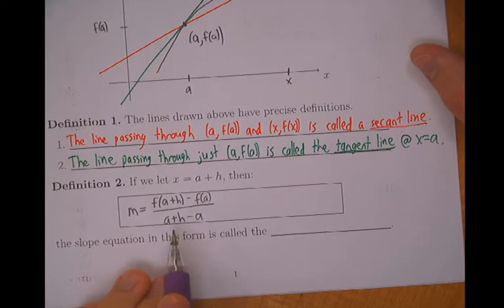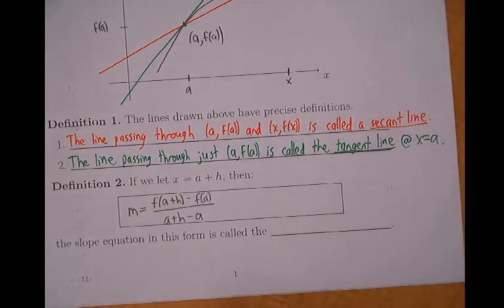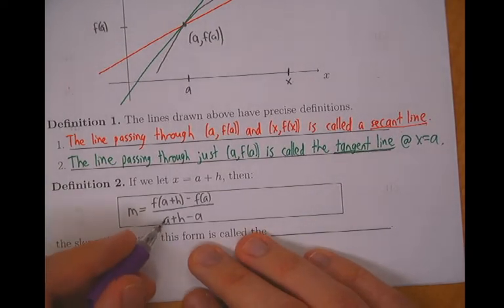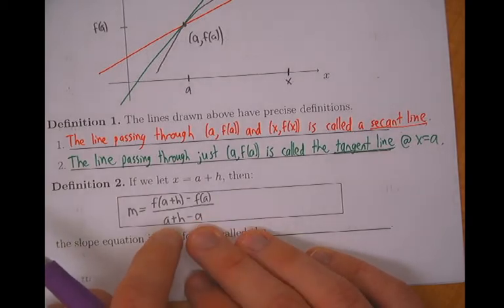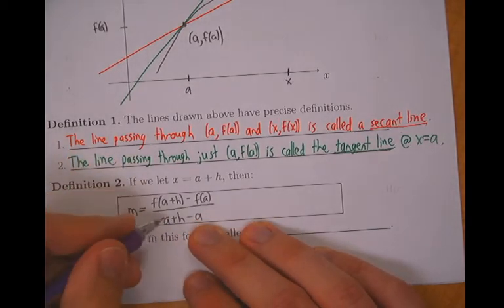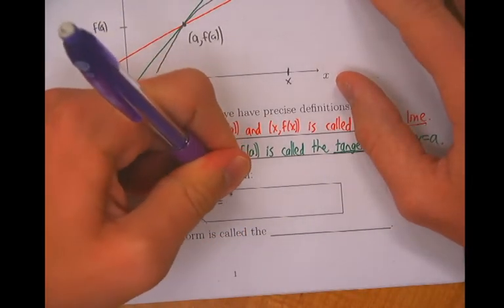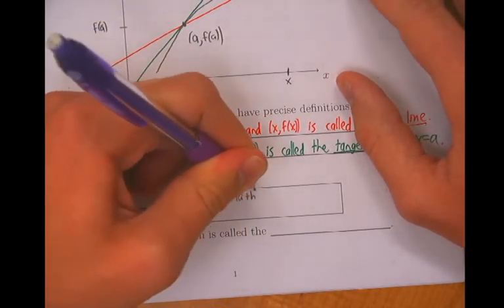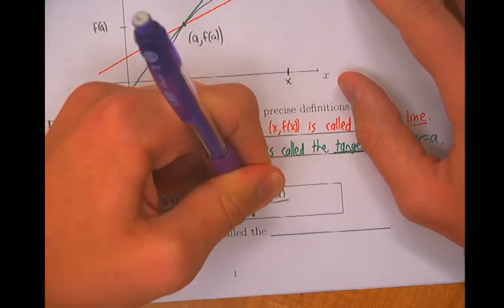Now, what you'll notice is that on the numerator, there's not really much we can do with it by itself. But if we take a look at the denominator, we notice that we can subtract a and a here, so these two go away. Ultimately, we're just left with f of a plus h minus f of a, all of that divided by h.